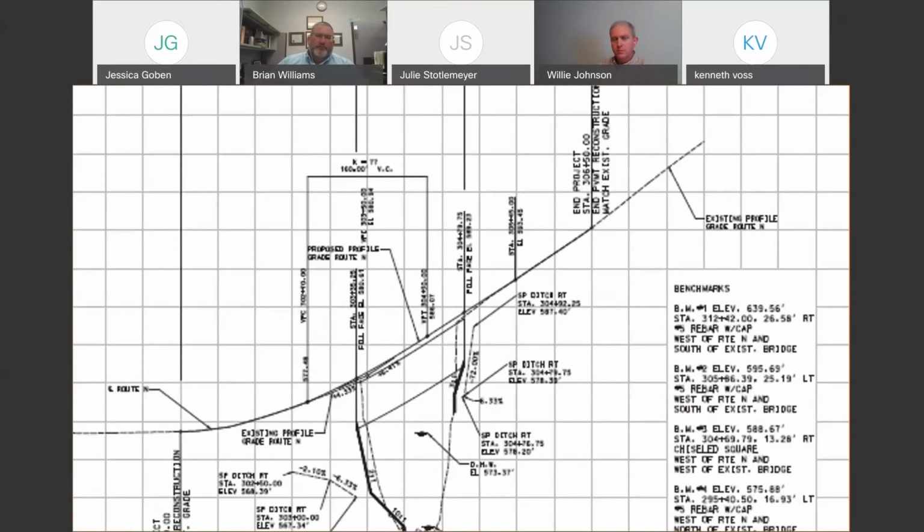As you can see, the grades are pretty steep. As you can see over here, and it's pretty blurry because I had to blow this up, but you've got a 72% grade right here on one side of your ditch. I mean, that's pretty steep. Obviously, there's probably some concern for current erosion going on in that area now.